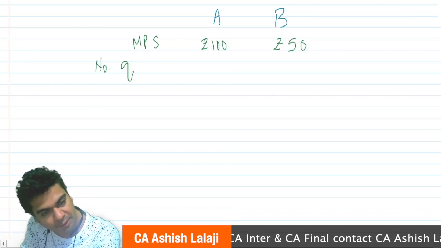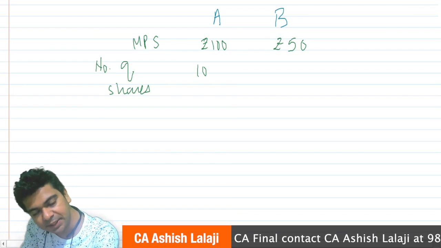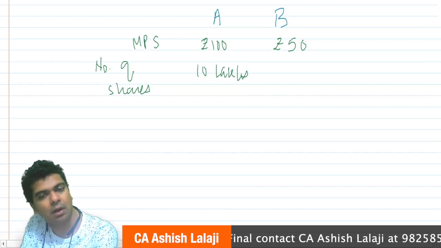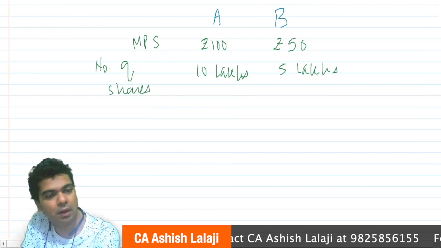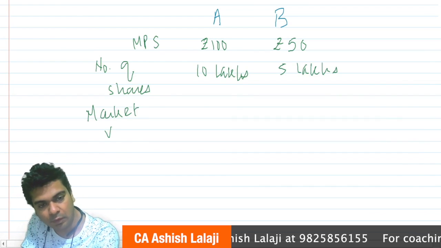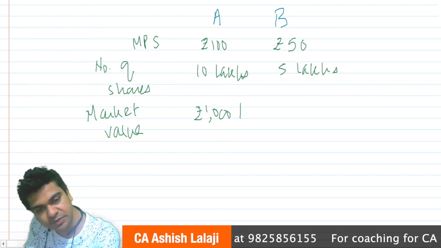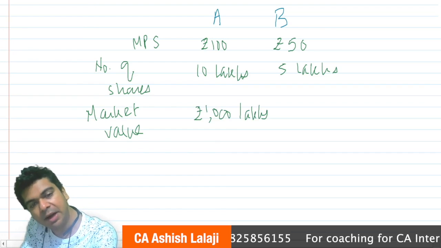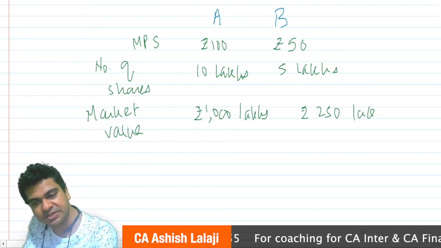Company A has 10 lakh shares and company B has 5 lakh shares. So if we work out the market value, it is 1000 lakhs for A and 250 lakhs for B.